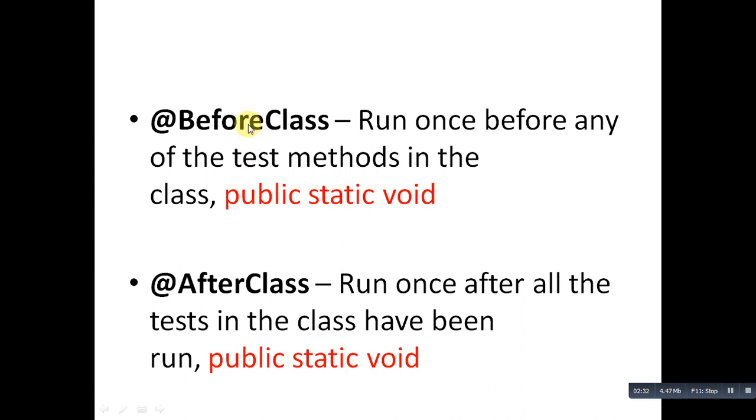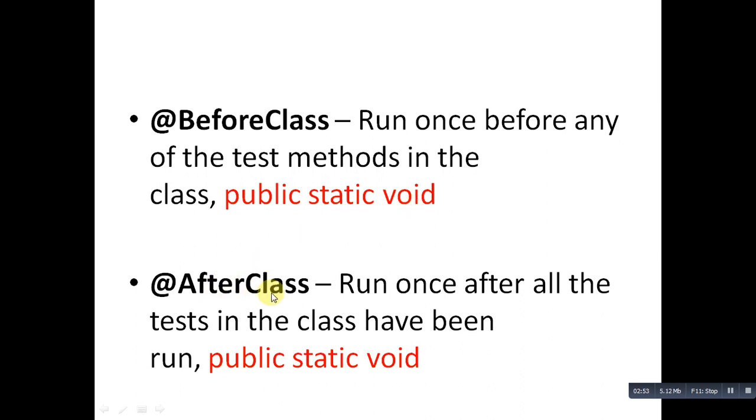Whenever you want to perform any test, you are going to use certain basic annotations. You start with @BeforeClass. What does it mean? As the name indicates, this one will run one time before any of the test methods in the class run, and it is of type public static void.